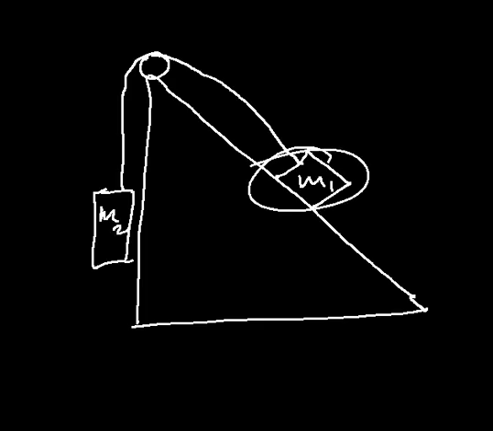Let's say the surface is a rough surface, which means there is a friction force. And the whole system is moving in this direction at a constant acceleration given as a. So how should we get the acceleration?